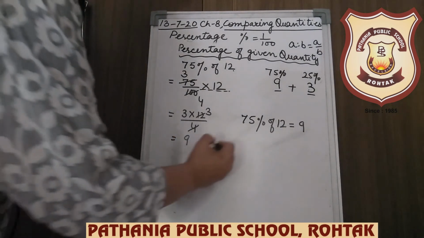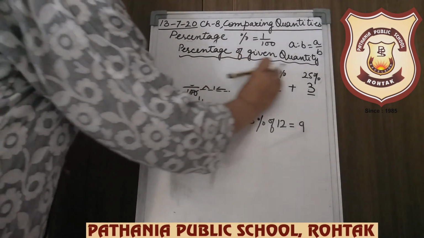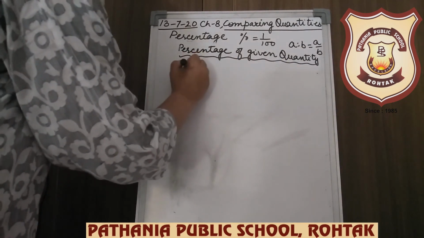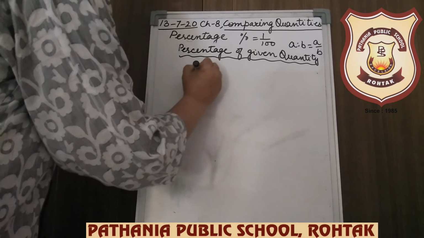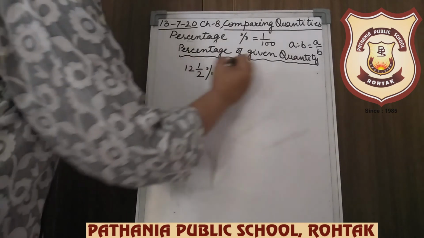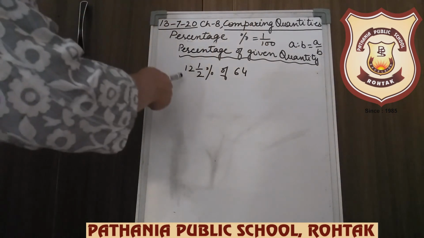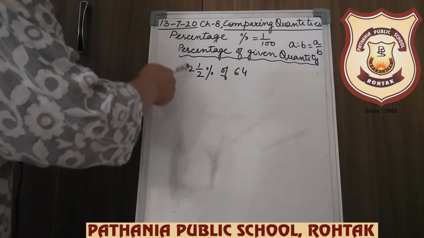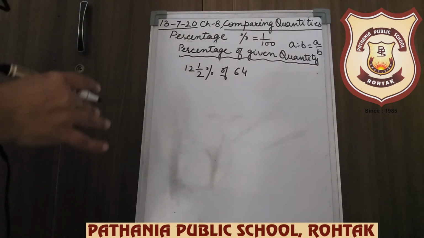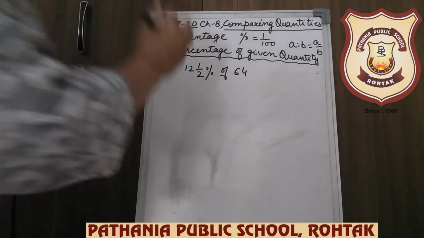Or I'll give you one more example. If you have 12 1/2% of 64, because percent can come in fraction, it can come in whole number, it can come in decimal. So don't panic over there, just follow the steps.